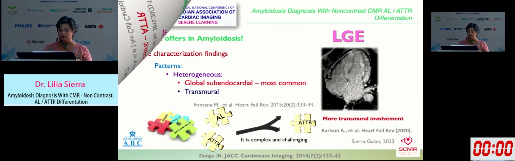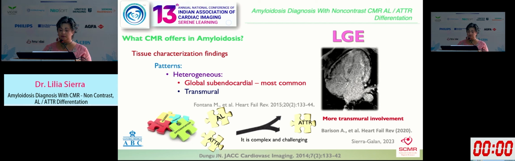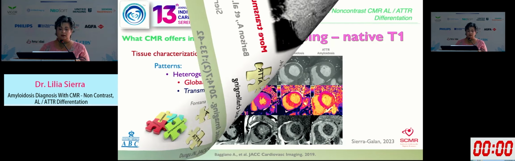So we need to be very careful about it. Then LGE. For LGE, we can have different patterns, and mostly it's global subendocardial, that's the most common, and transmural. But it is complex and challenging because of some details that we will see later. The most common for ATTR is transmural involvement.